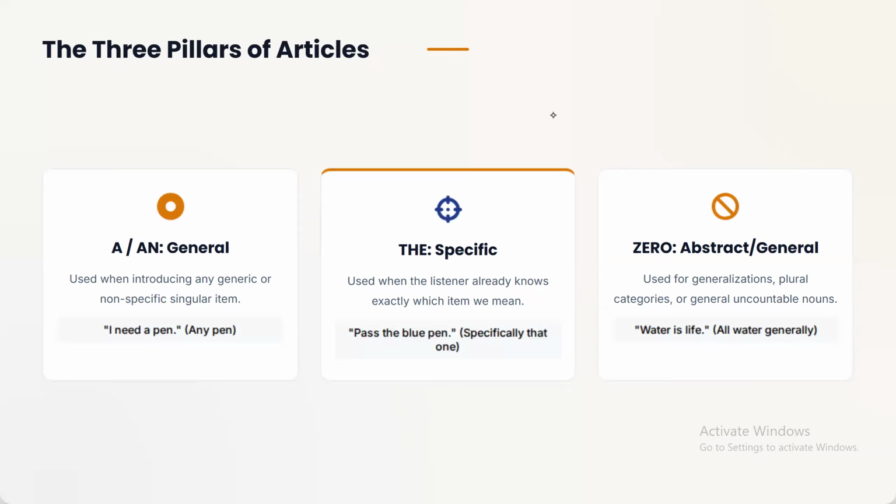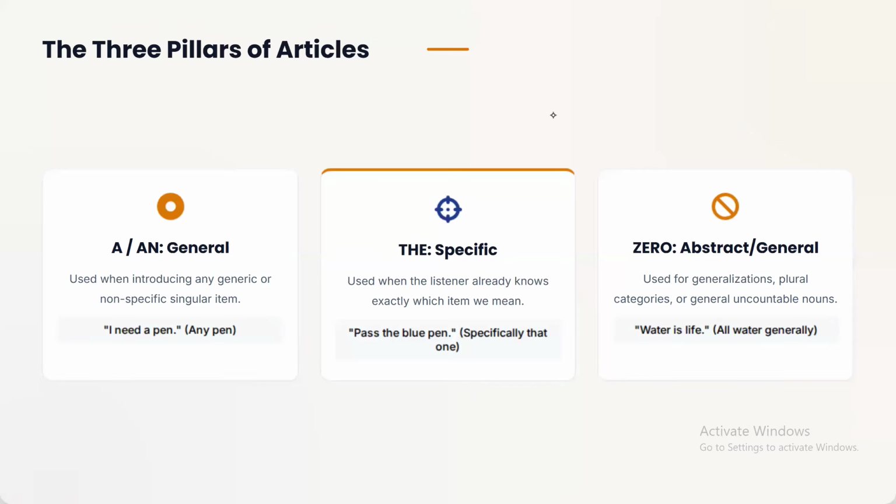For example, I saw a car at the garage. The car is quite expensive. You can see the first time I spoke about the car, I said I saw a car, because that's the first time I'm introducing it in the sentence.